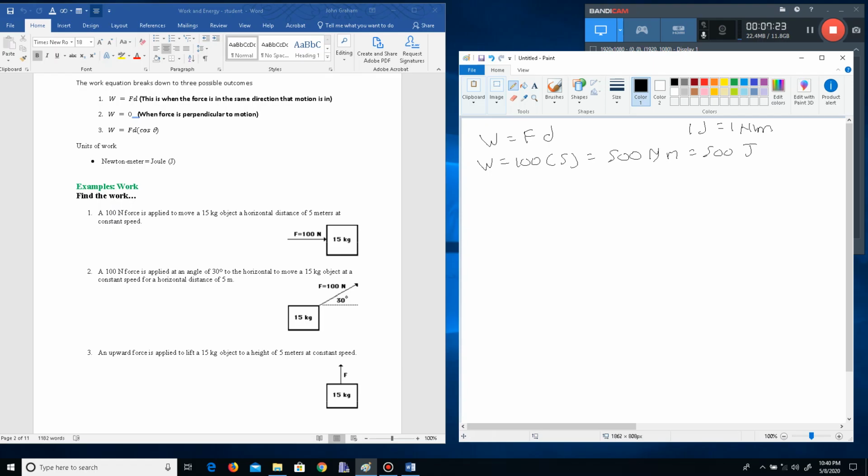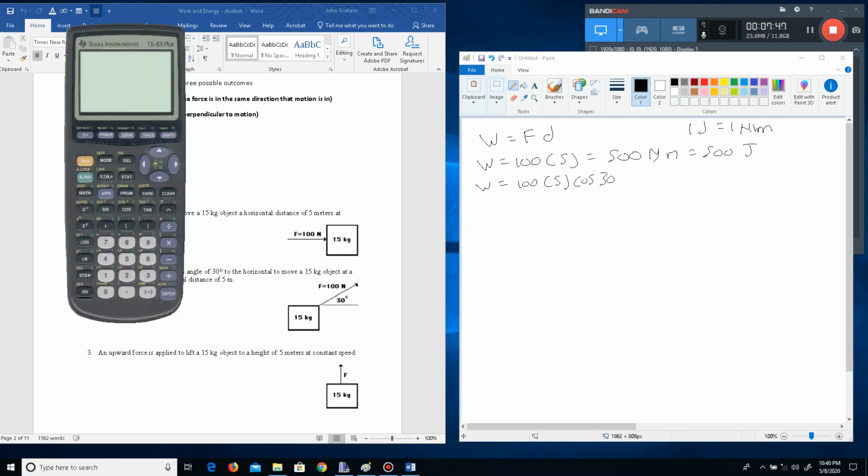The next one is, just say we're going to try this by raising a rope and having it pull at 30 degrees. The work is going to be 100 times 5 times cosine 30. So we put this in the calculator. 5 times 100 is 500 times cosine, and we check the mode.